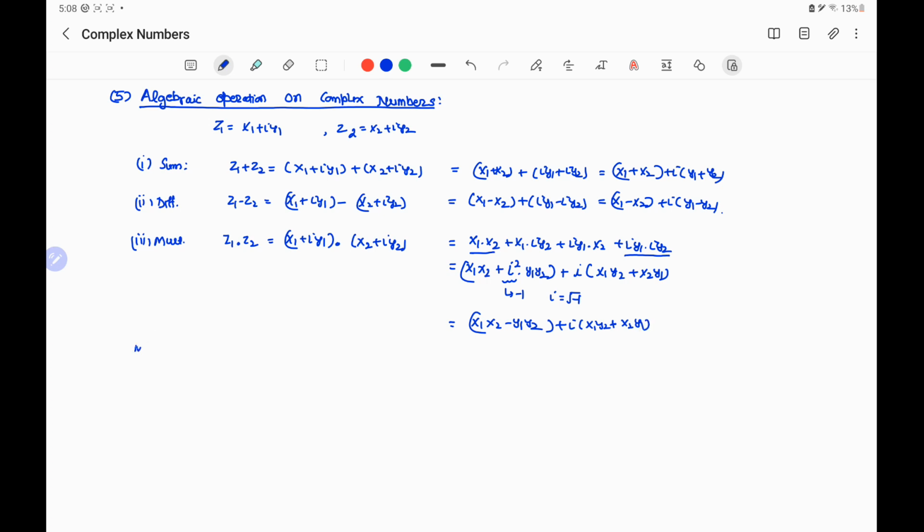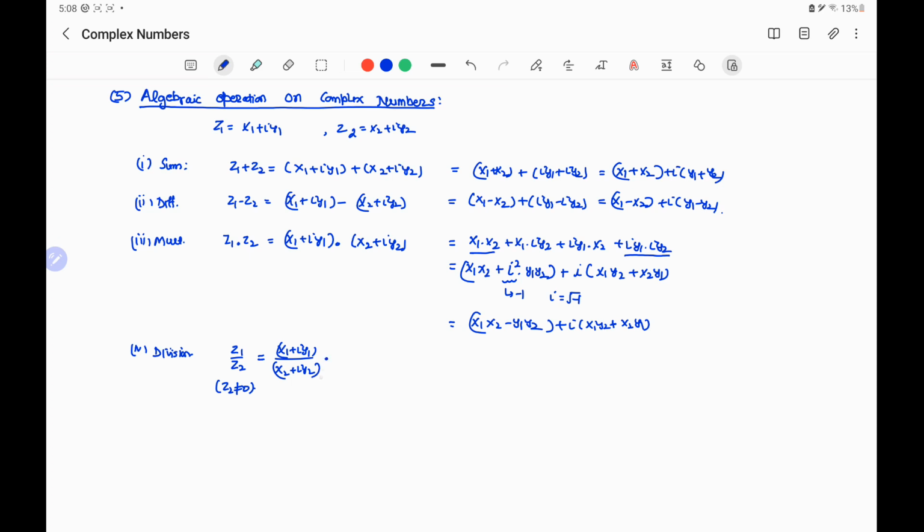Next is division. Division of two complex numbers is z1 by z2, where z2 is not equal to 0. Otherwise, if z2 is 0, then division will become undefined. It is equal to x1 plus iy1, this is the numerator, divided by x2 plus iy2, it is z2 which is the denominator.